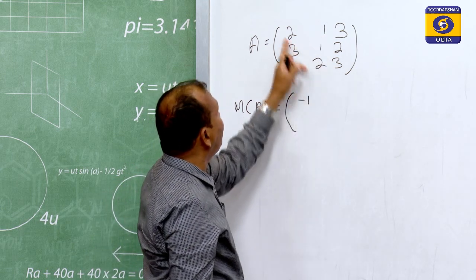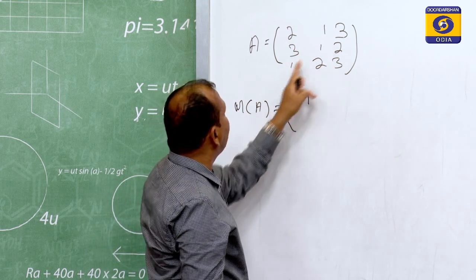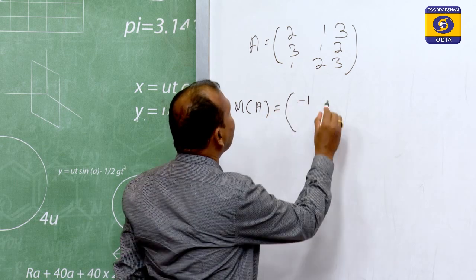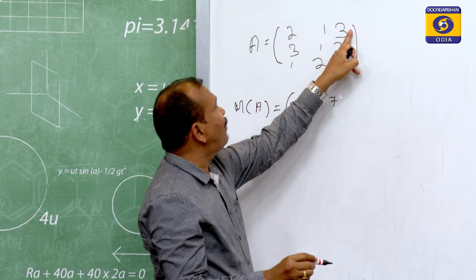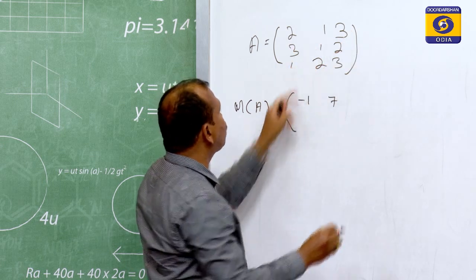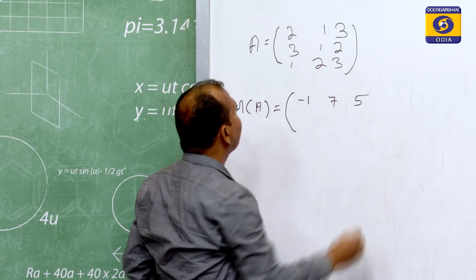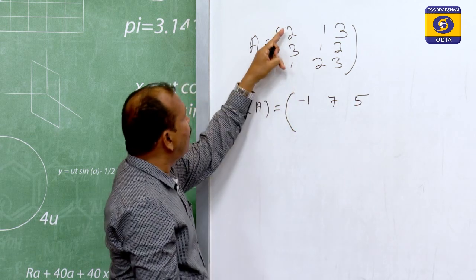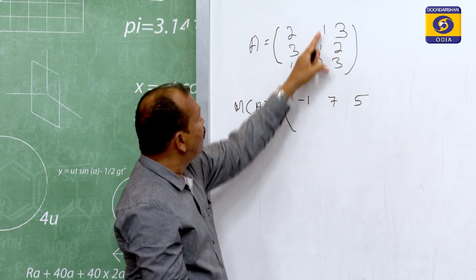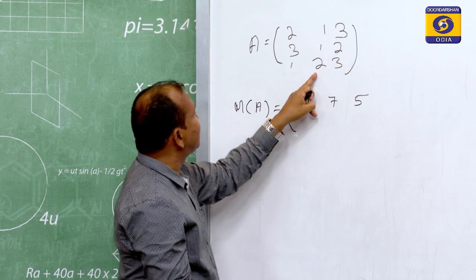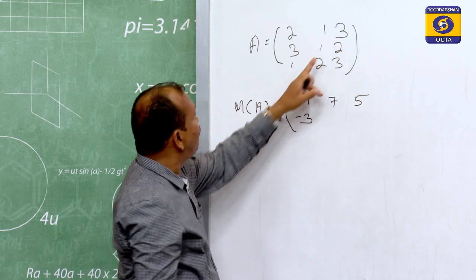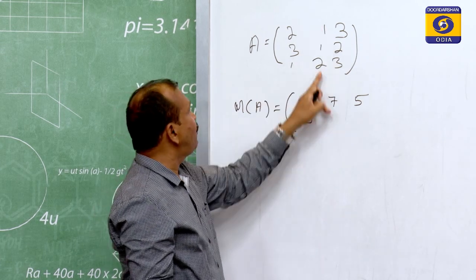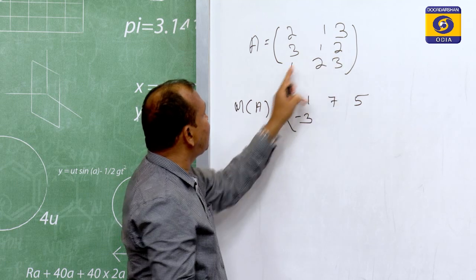Minor of 1 becomes 9 minus 2, that becomes 7. Minor of 3 becomes 6 minus 1, that becomes 5. Minor of 3 means deleting this, 3 minus 6, that becomes minus 3. Minor of 1 becomes 6 minus 3, that is 3.